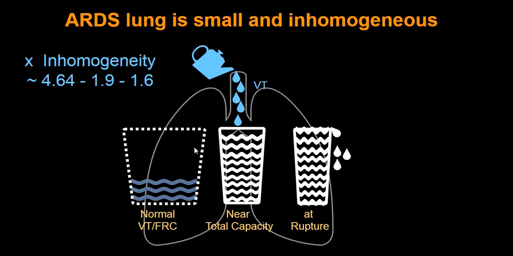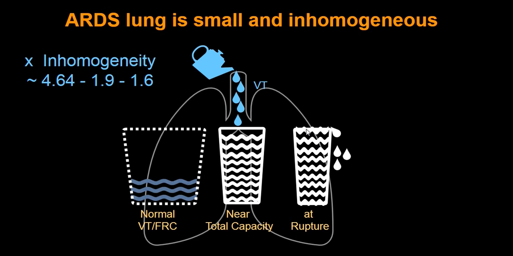You can see here that there are lung units which are normally inflated, and therefore the same tidal volume will produce a normal strain. But there are some other lung units that are very small, collapsed, where the same tidal volume will achieve near total lung capacity. And in some other areas, they are at rupture.